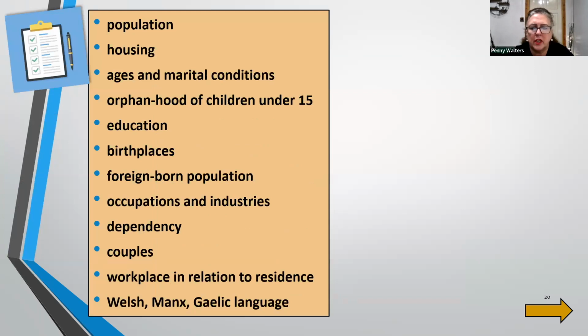So what information can you find in the 1921 census? Obviously, it's asking questions about the population, their houses, their ages, and whether they were married, single, widowed, or divorced. They then asked about children, whether their parents were still alive, education, birthplace, foreign born, that's their terminology, not mine, occupations and industries, dependency, were you in a couple, and where was your workplace?